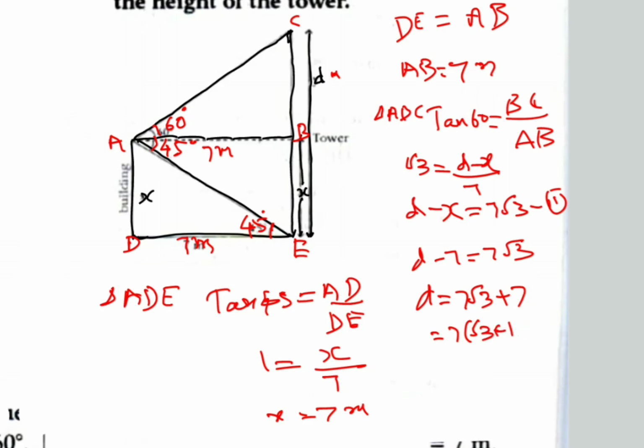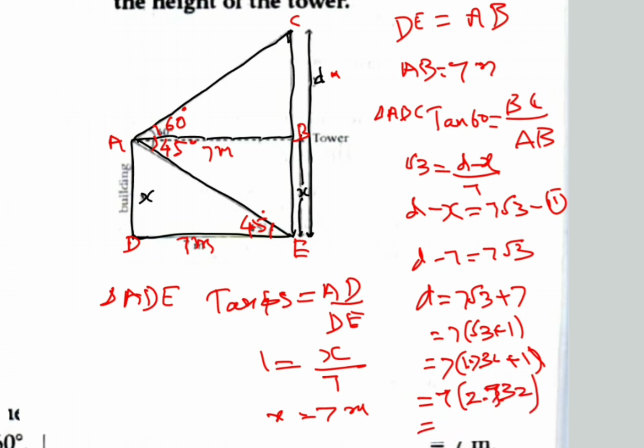Root 3 plus 1 is equal to 7 into root 3, which is 1.732, plus 1, is equal to 7 into 2.732.